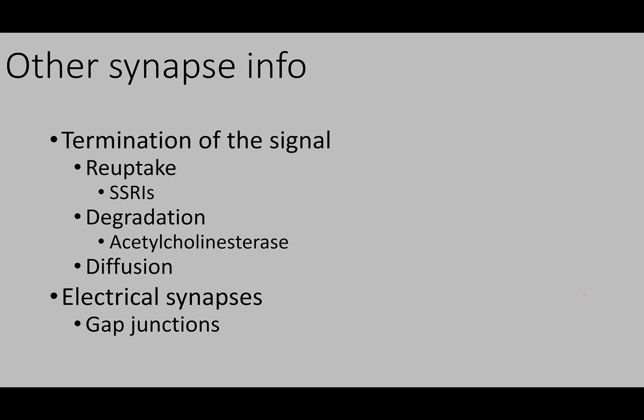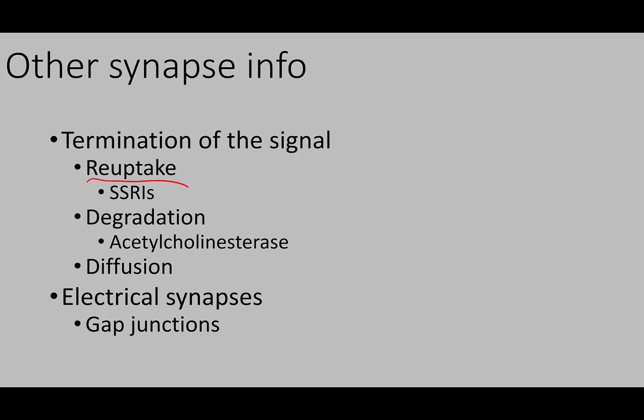So what about reuptake of the signal, or a termination of the signal? How do you stop that action potential from traveling from the first neuron to the second? We have to get rid of those different neurotransmitters. Otherwise, they're going to stay bound. So what happens? One option is reuptake.